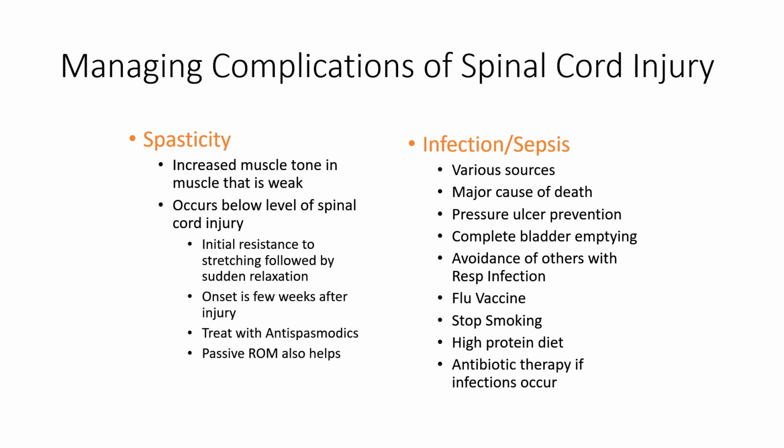They need to have a flu vaccine. They need to stop smoking. They need a high protein diet. And if infections do occur, then they're going to need antibiotics. But remember, this is a major cause of death, infection leading to sepsis, which will end their life.